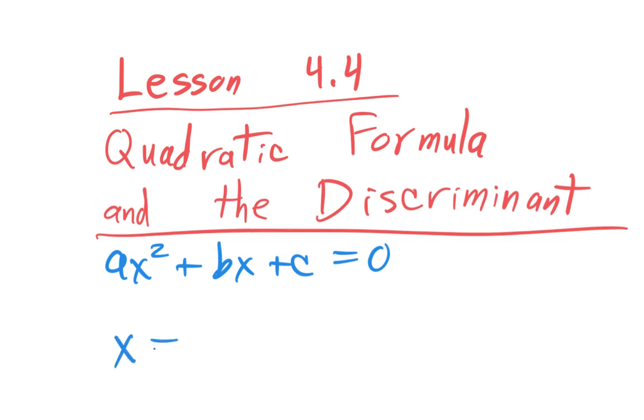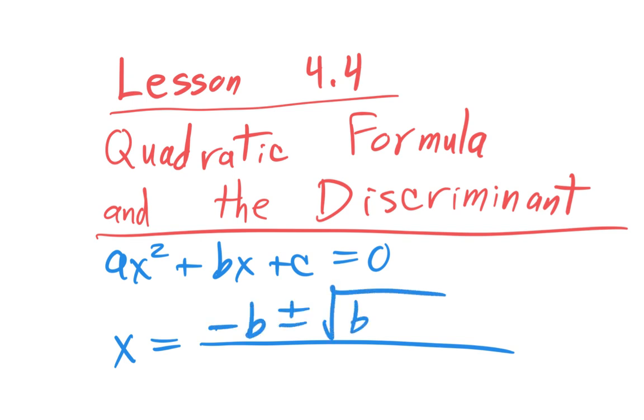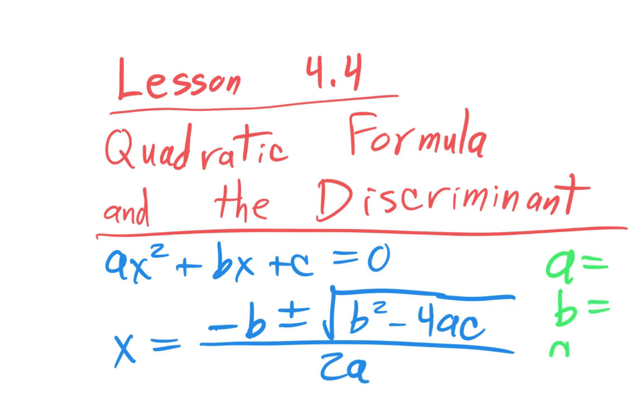Our quadratic formula, if I solve for x, is negative b plus or minus square root of b squared minus 4ac, all of that over 2a. Things that we need to do: know what a equals, know what b equals, know what c equals from this equation here. There's a, there's b, there's c.